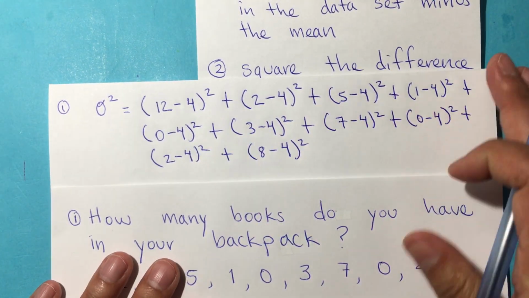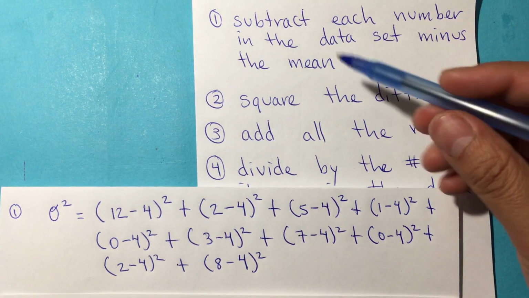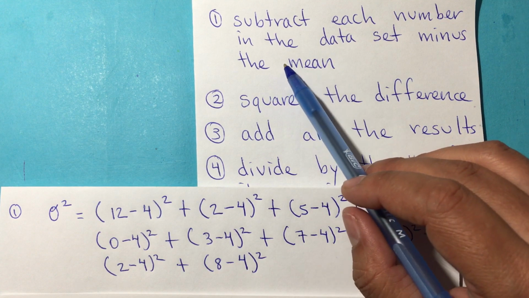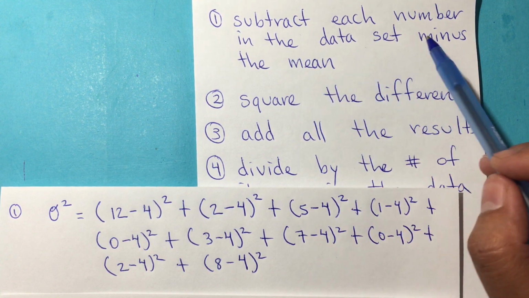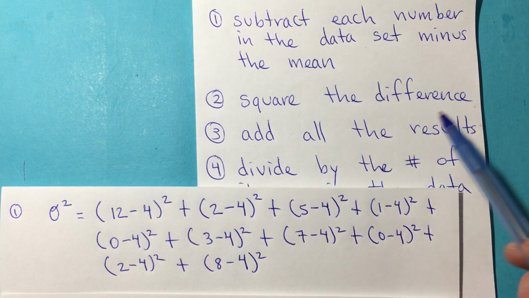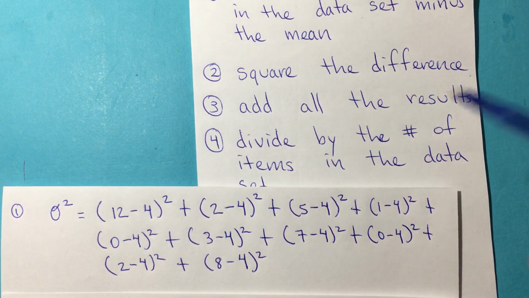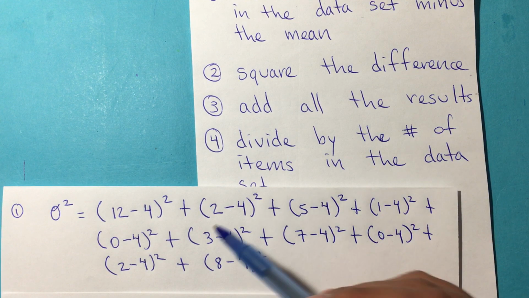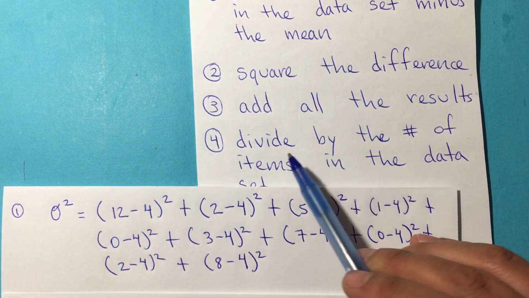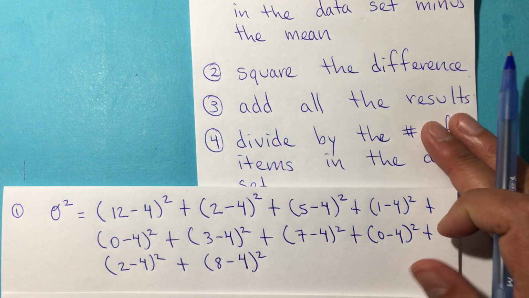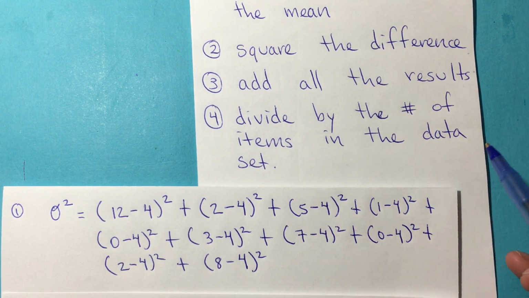And we're going to write it like this. Again, in here you already have subtract each item in the data set minus the mean. Square the difference, that's by putting the squares in there. It just means to the second power. Add all the results, that's the pluses in the middle. And then divide by the number of items in the data set.